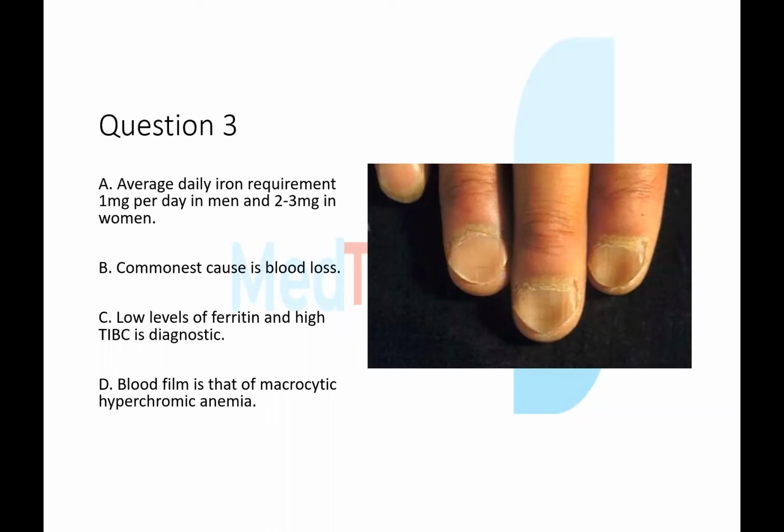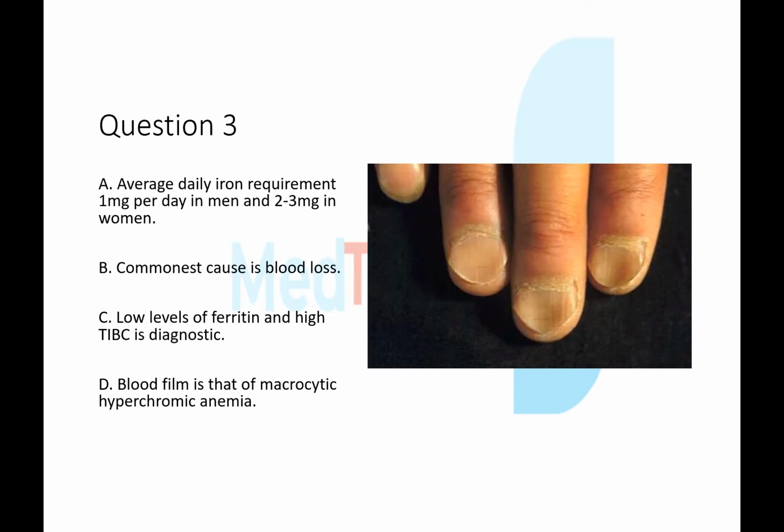And it's typically seen in iron deficiency anemia. Yes, exactly. So let's look at the options. Average daily iron loss is 1 milligram per day in men. That is correct. So of course, the body does not really have a well-regulated way of losing iron.